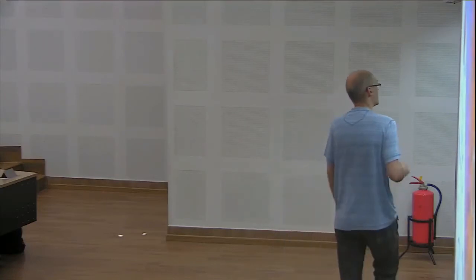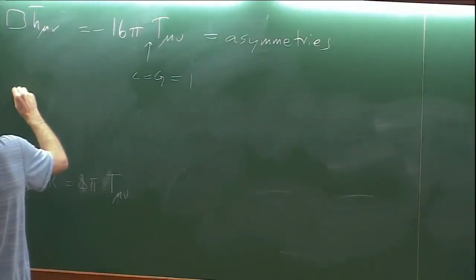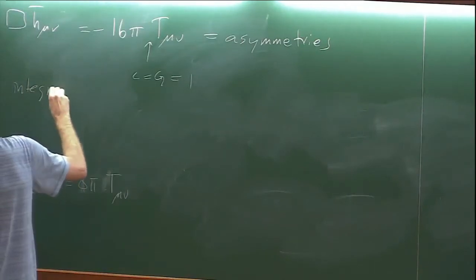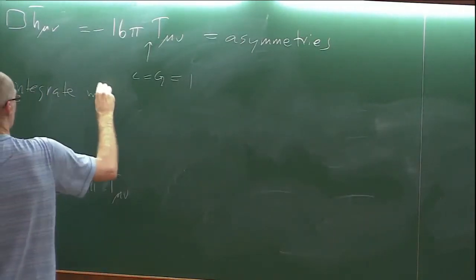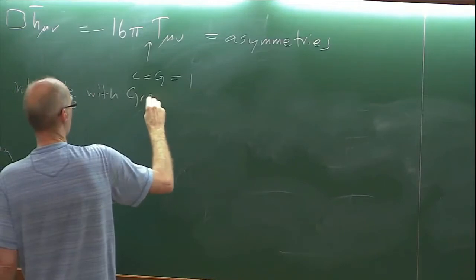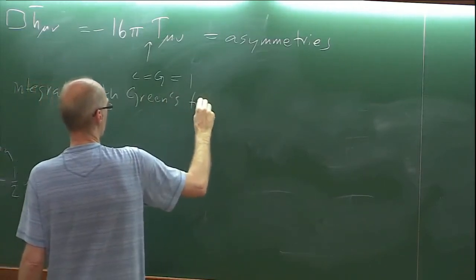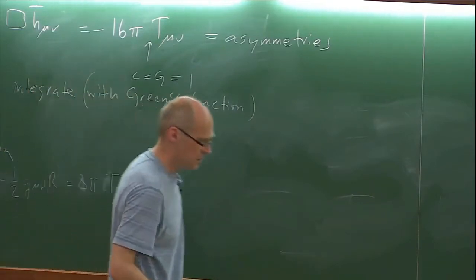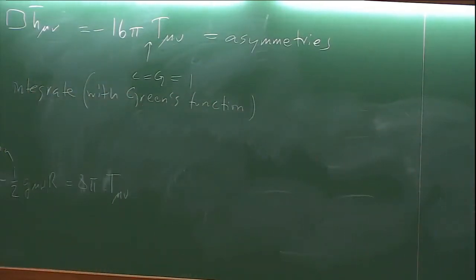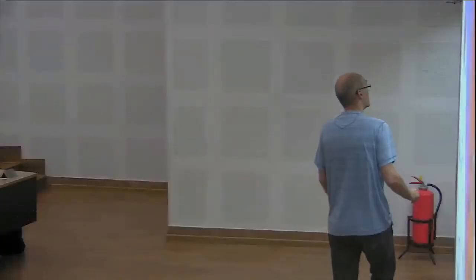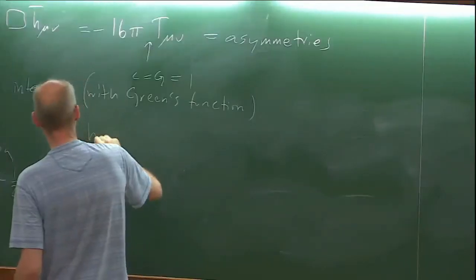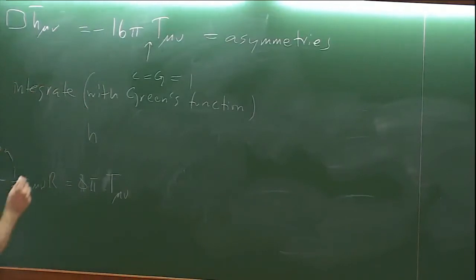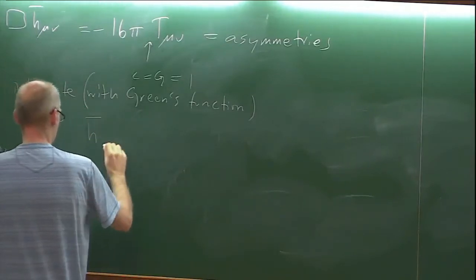Seeing all this, you know that we're clever, we can integrate this. The way to do that is use the retarded Green's function for the wave equation, and we get an expression. And now again, write this down.